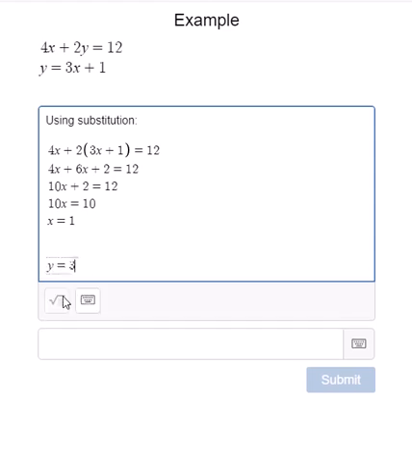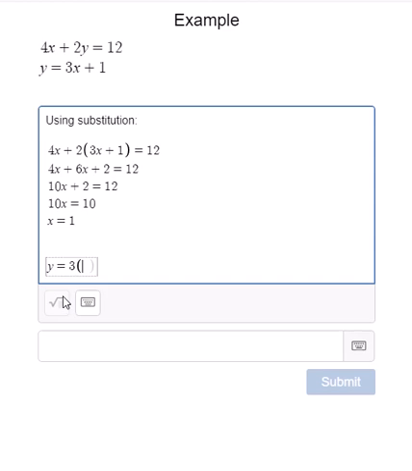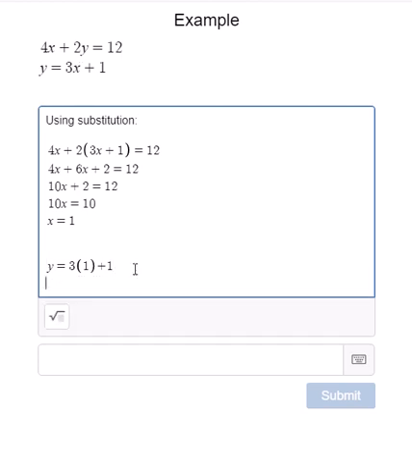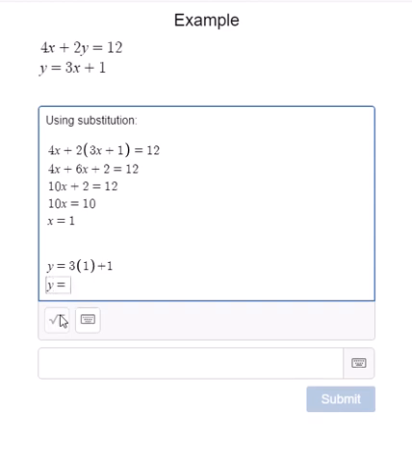Y is equal to 3, open paren, and then x is 1, so I'll just put the 1 in there, and then plus the 1. So now you can see I'm substituting in the value of x that I found into the second equation to solve for y, and I end up getting that y is the number 3 plus 1 is 4.